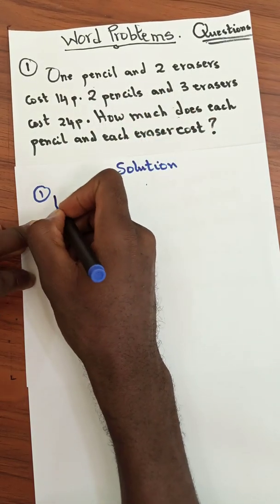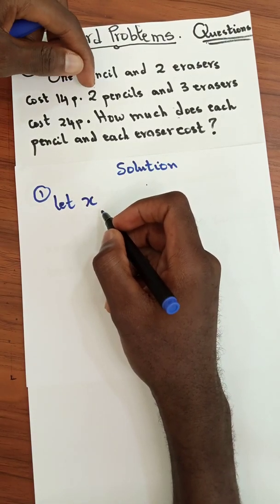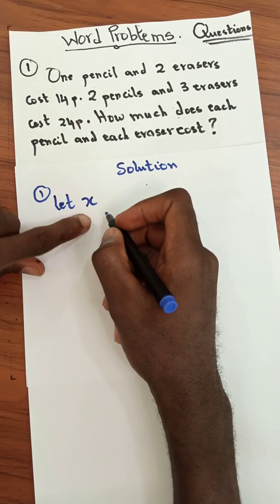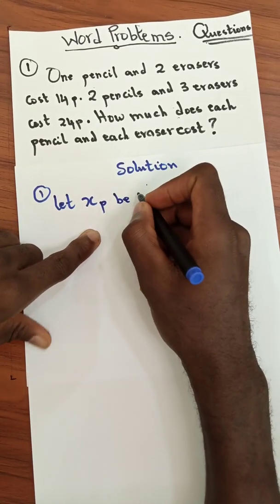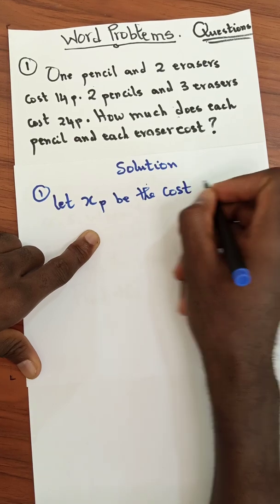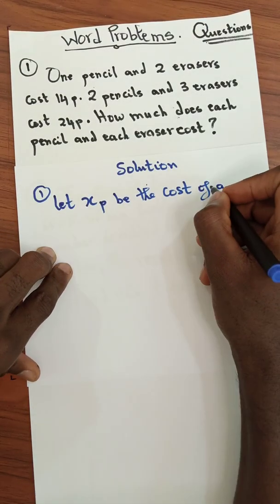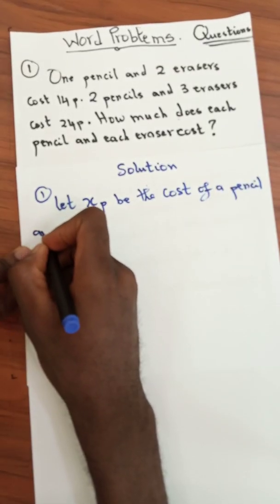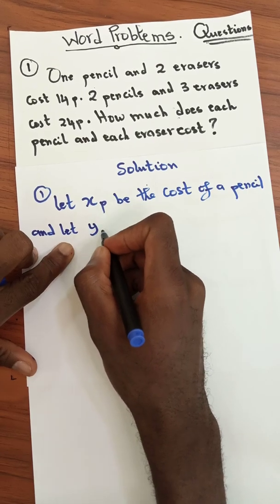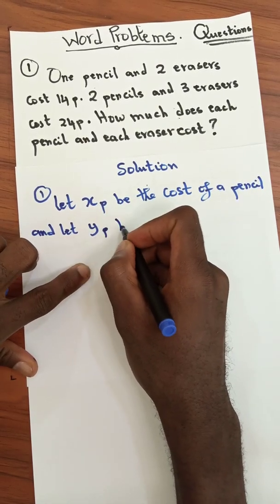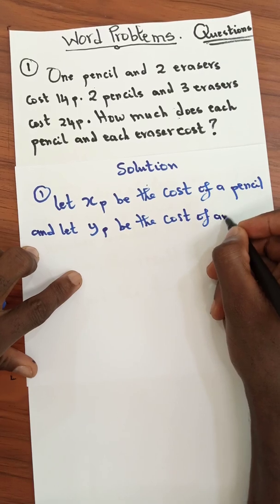So we say that let x, and because we are talking of pencil in pesos here, we'll say let x pesos be the cost of a pencil, and so let y pesos be the cost of an eraser.